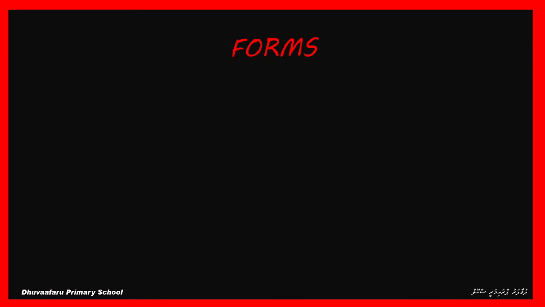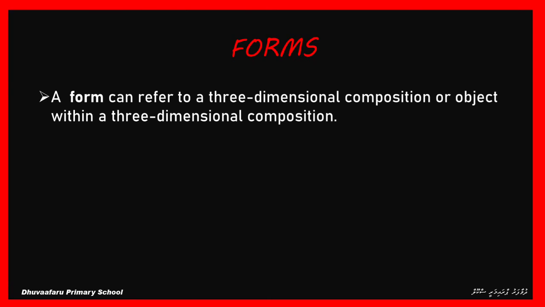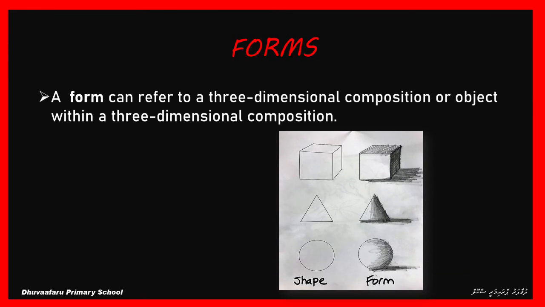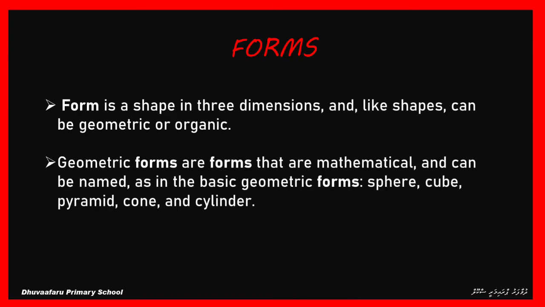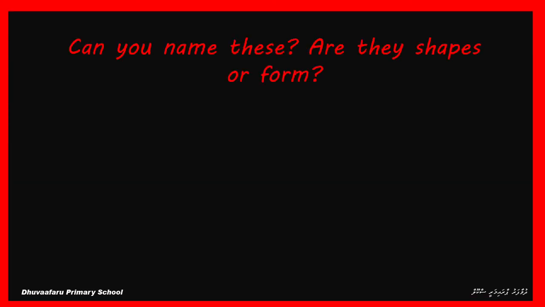Students, do you know what forms are? A form can refer to a three-dimensional composition or object within a three-dimensional composition. A form is a shape in three dimensions, and like shapes, forms can be geometric or organic.